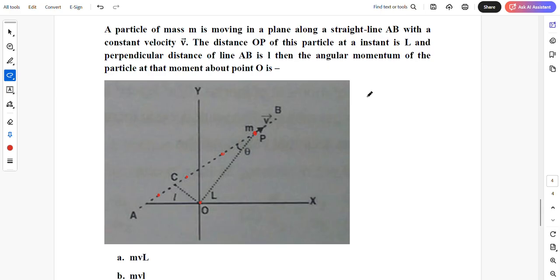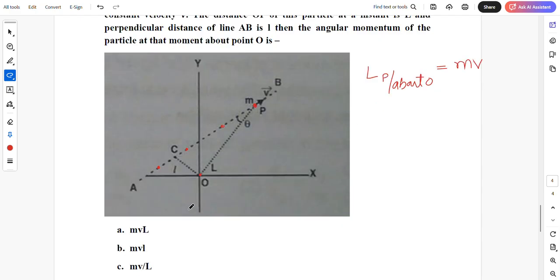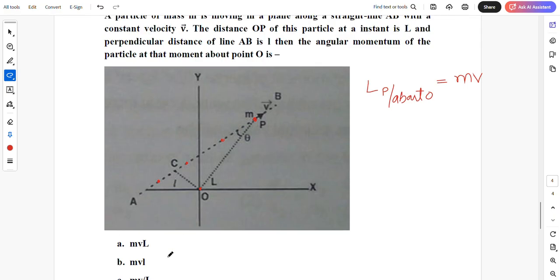What is the angular momentum of this particle, which is at P, about O? We know that it is M into V. I am writing the magnitude because they have given it in magnitude only. M into V into the perpendicular distance. This is the perpendicular distance.